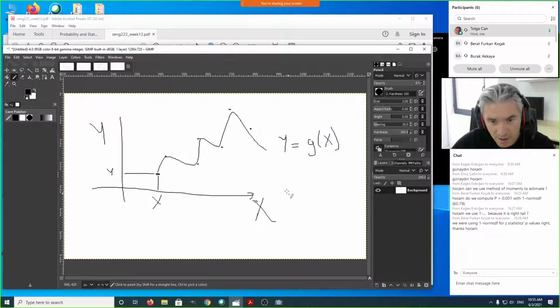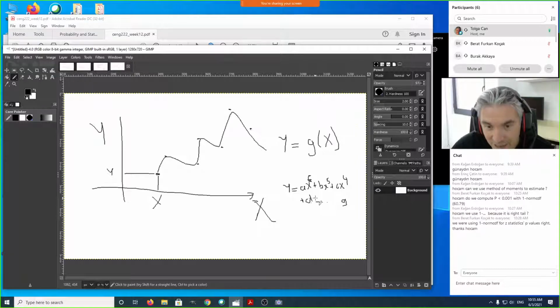You can have a function like this: y is equal to ax to the power 6 plus bx to the power 5 plus cx to the power 4 plus, you get the idea, so a, b, c, d, e, f, g, seven unknowns.